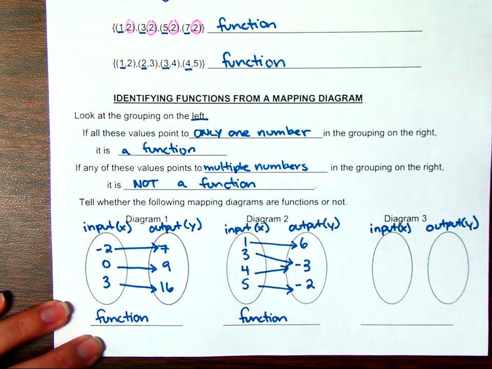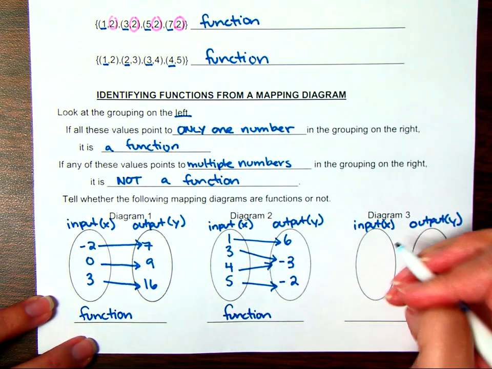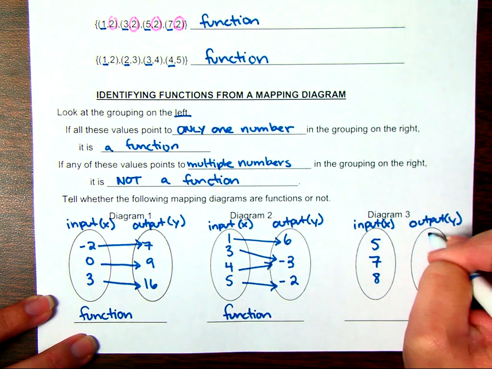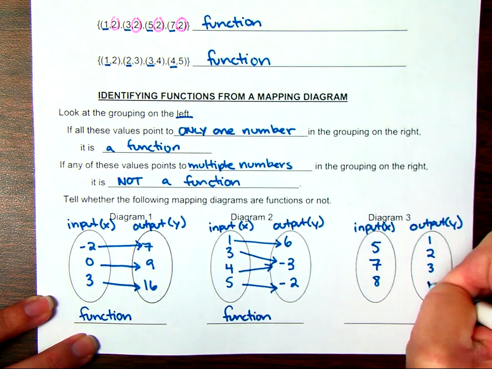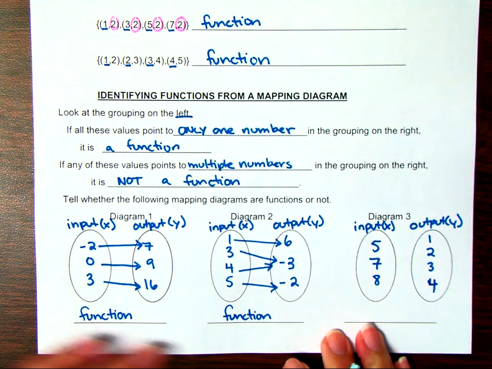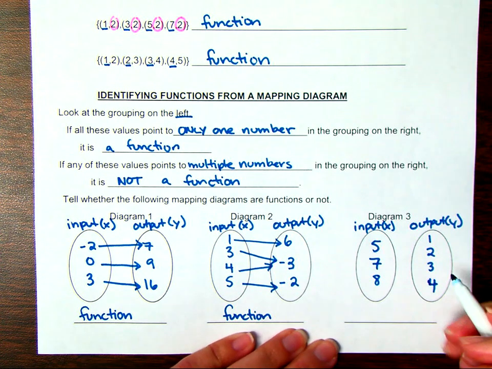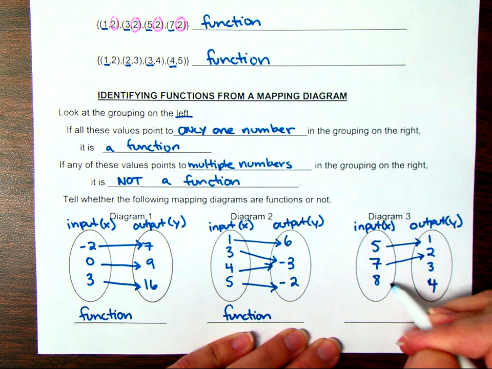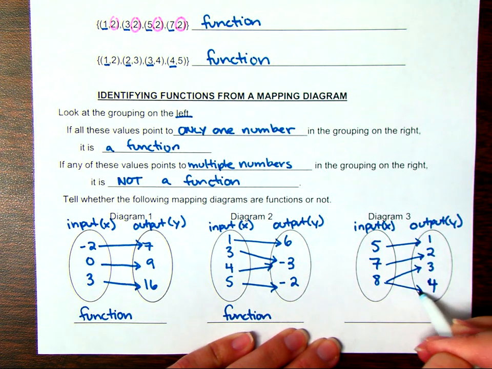And then my last one, if I had 5, 7, and 8, and then I had 1, 2, 3, and 4 as my Y values or my output, if I had 5 pointing to 1, 7 pointing to 2, 8 pointing to 3, and 8 pointing to 4.